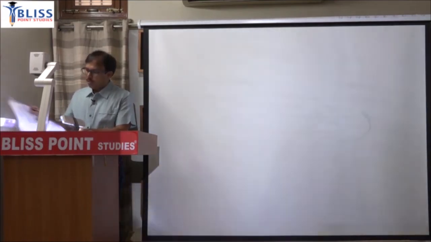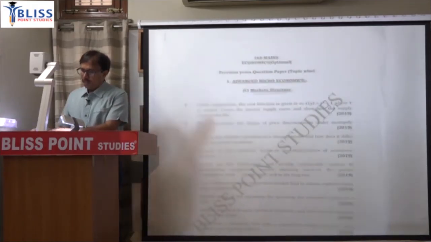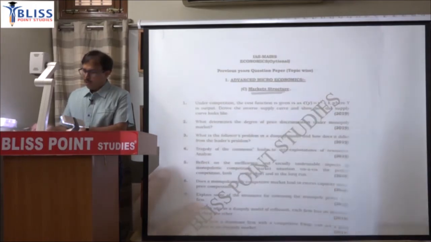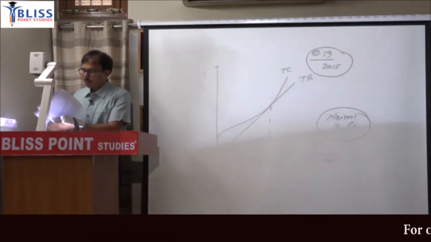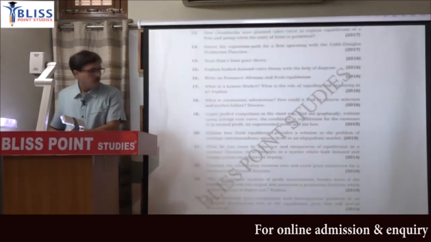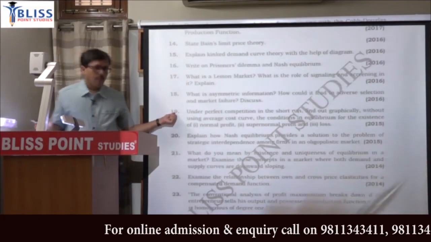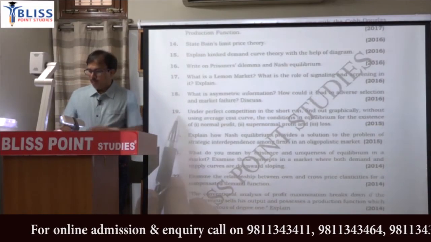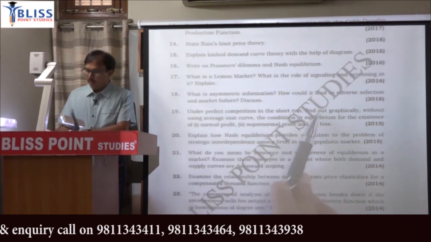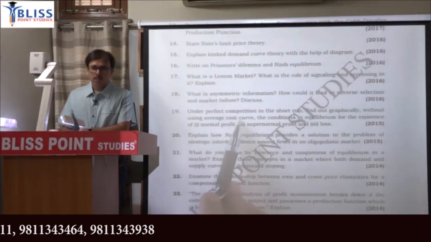ठीक है, topic wise questions have been uploaded on the portal in the micro section, market structure. Read question number 19. Read this question first. It says, under perfect competition in short run, find out graphically without using average cost curve.